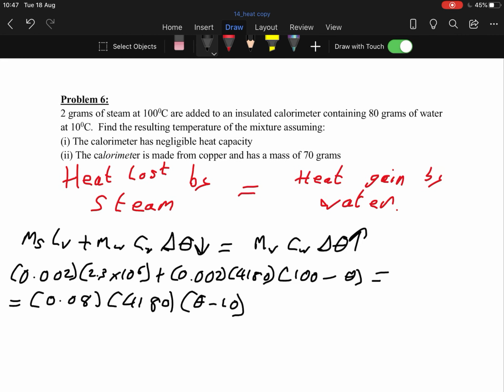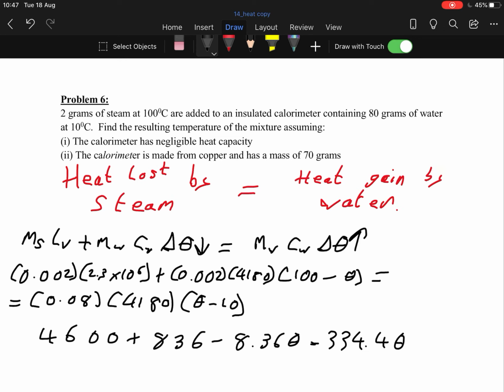Now, do the maths. Just checking to make sure I did my numbers correct here. Yep. So on the left hand side now, 4600 plus 836 minus 8.36 theta equals 334.4 theta minus 3344.